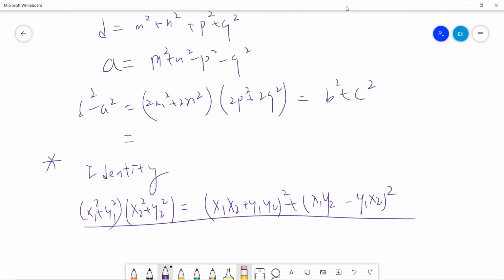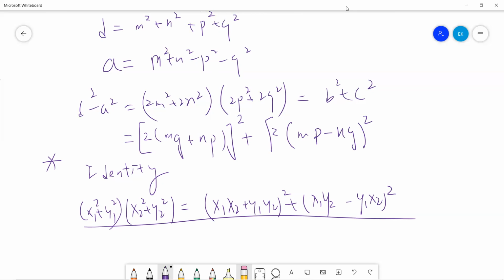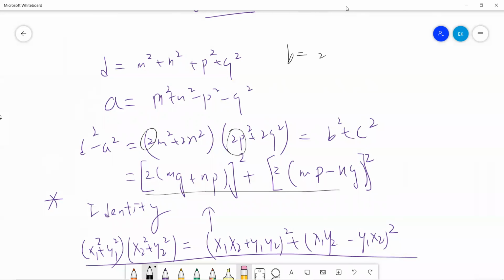So using this identity, one can choose b to be 2 times mq plus np squared, and c to be 2 times mp minus nq squared. Just use this identity and take out these two. From here you can see that this is the more general parameterization.